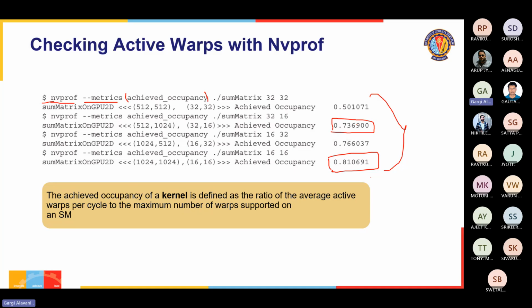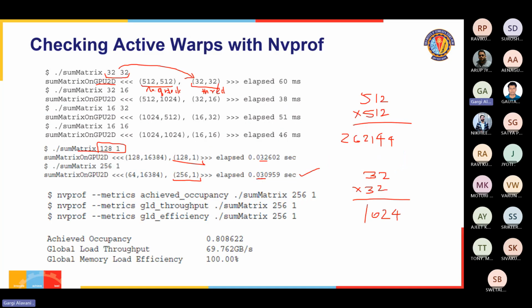Now moving on. We profiled this with other metrics such as achieved occupancy, global load throughput, and global load efficiency. We saw that in this case, the achieved occupancy was good, the load throughput is good, and load efficiency is 100%.